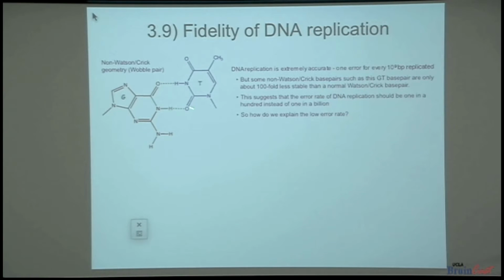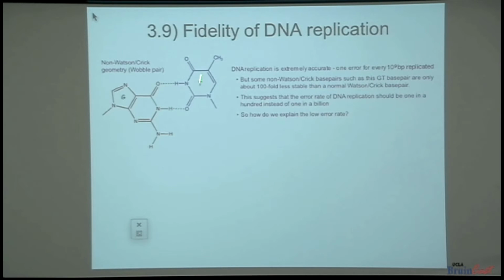As we've seen, the bases are selected during DNA replication by virtue of a Watson-Crick interaction. But it turns out that some non-Watson-Crick base pairs, such as this GT base pair, which we've looked at before, are only about 100-fold less stable than a normal Watson-Crick base pair. We've seen that's because it doesn't have correct Watson-Crick geometry.